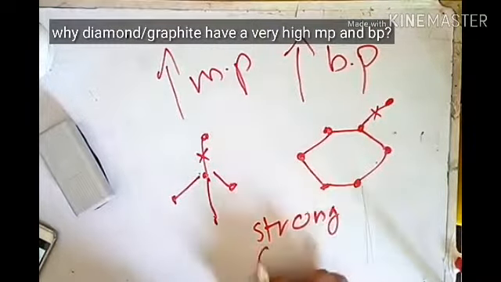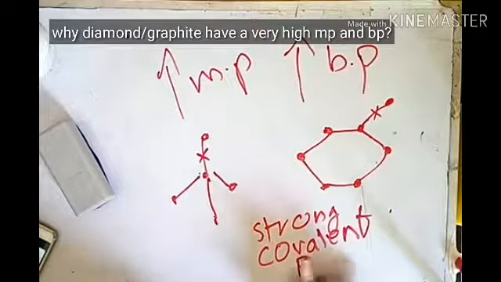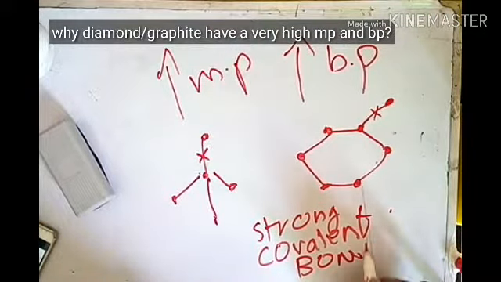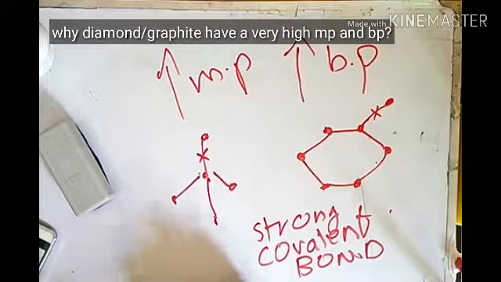Due to the formation of very strong covalent bonds, a lot of energy is required to overcome this strength in order to break the bonds. So therefore there is a very high melting point and boiling point in graphite and diamond.